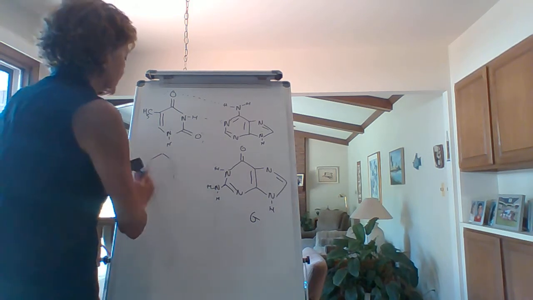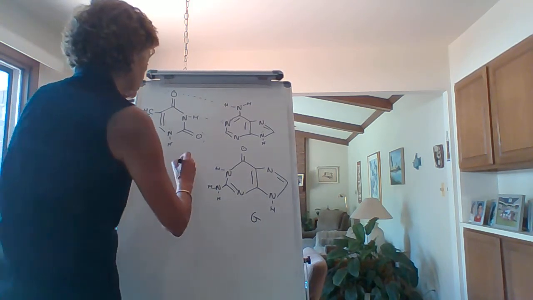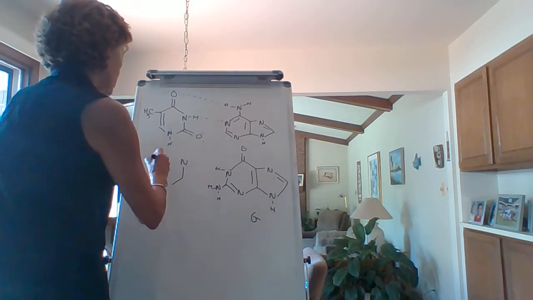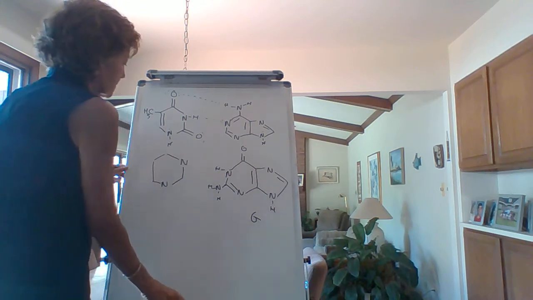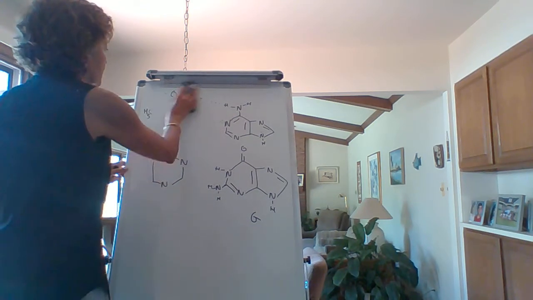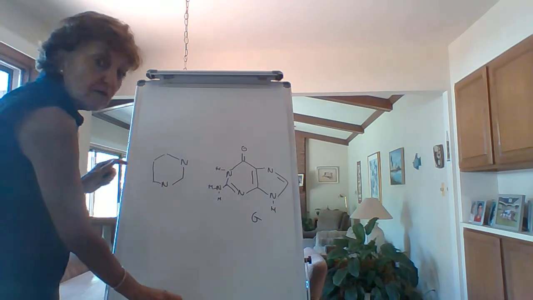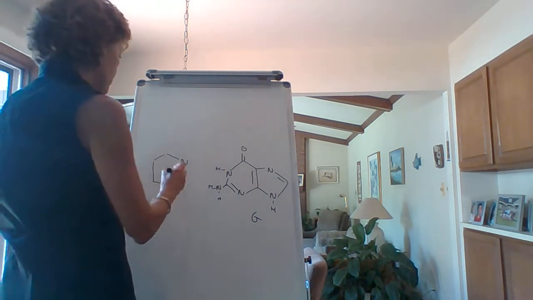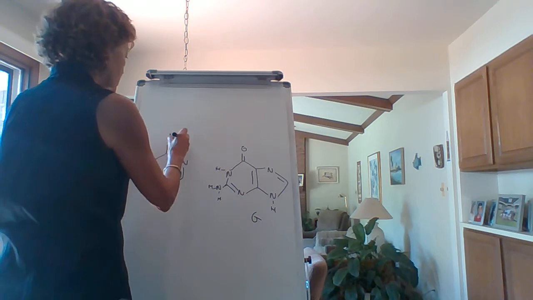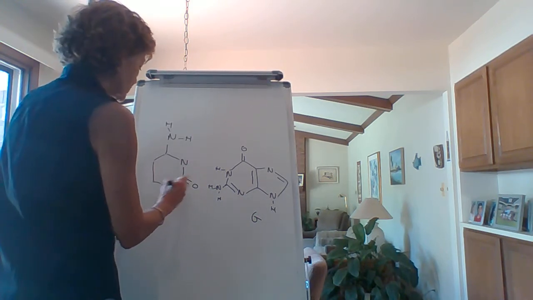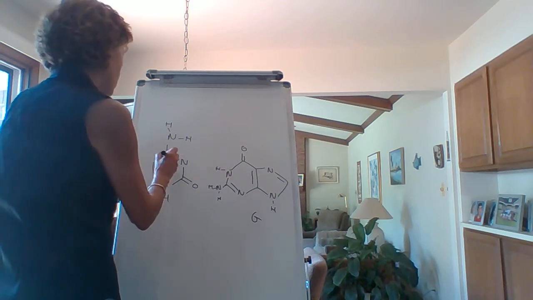Erase this a little bit. Actually, let me get a little closer. I'm stuck. I have to erase this so I can show it properly. All right, so I'm erasing this. All right, so this is going to be an NH2, and the carbonyl comes here, and this.